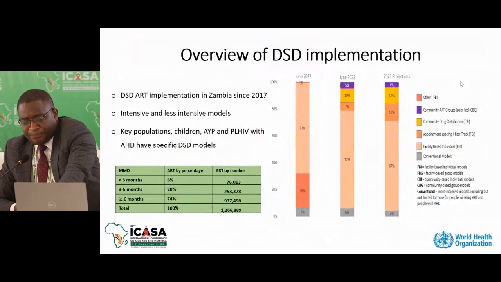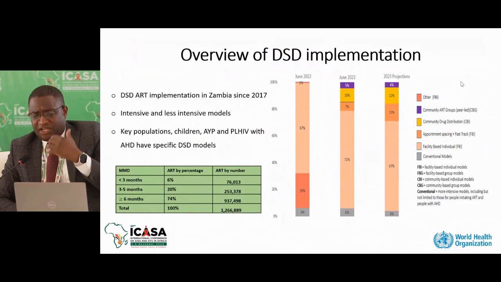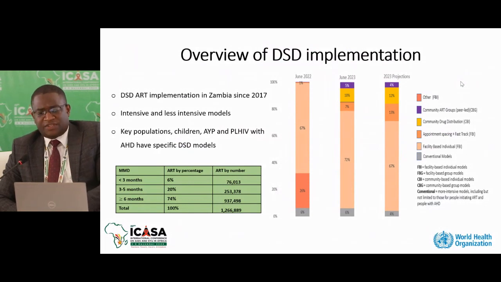With regards to DSD, our desire has always been to provide patient-centered care and improve the experience of our patients. We started the DSD program in 2017. We have both intensive and less intensive models, which are operational. We also provide DSD for children and key populations, and adolescents and young people have specific models.